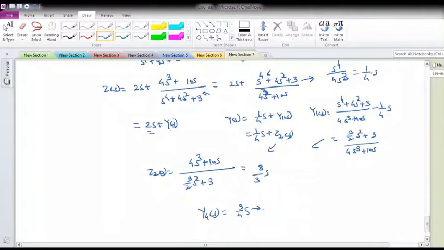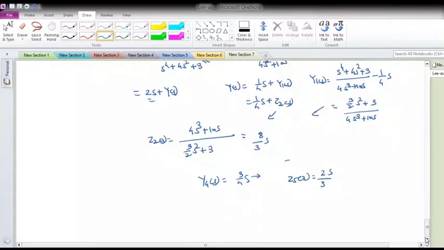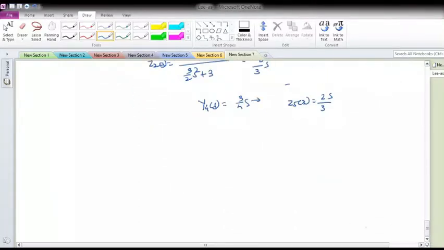Again you invert it and remove it, and you will get Z5 of s, which will be 3 by 2s, and if you remove it, it will be 2s by 3. At the last you will get an impedance which is 0, so that time it will be short circuited.